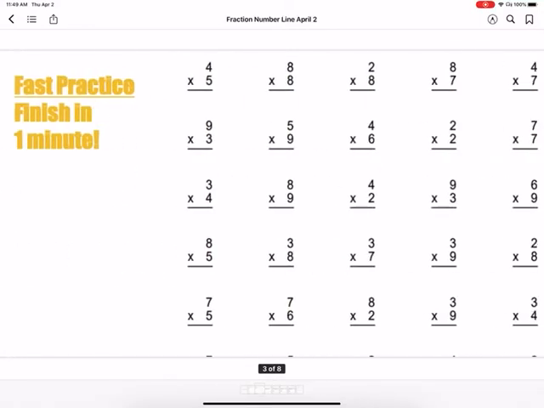Now, we're looking at our fast fact practice in 1 minute. So, I'm going to make you work for 1 minute. Ready? Here we go. Get ready. Excuse me a second, guys. And go.